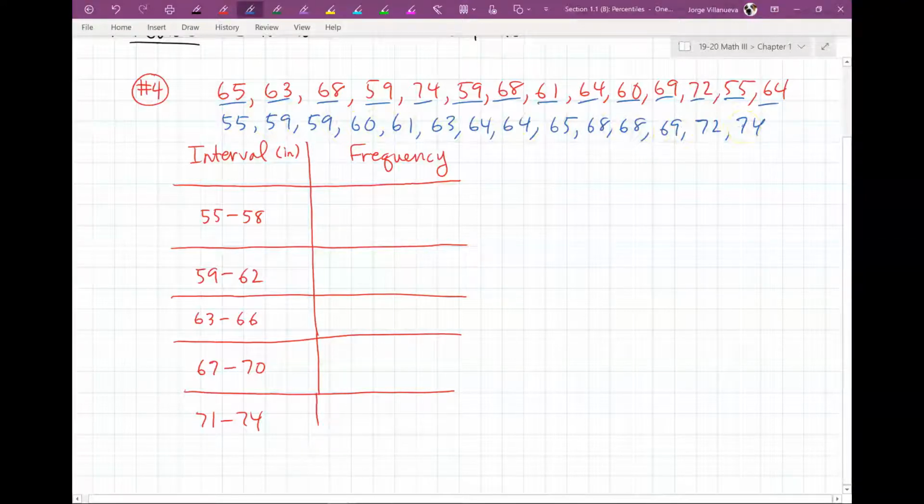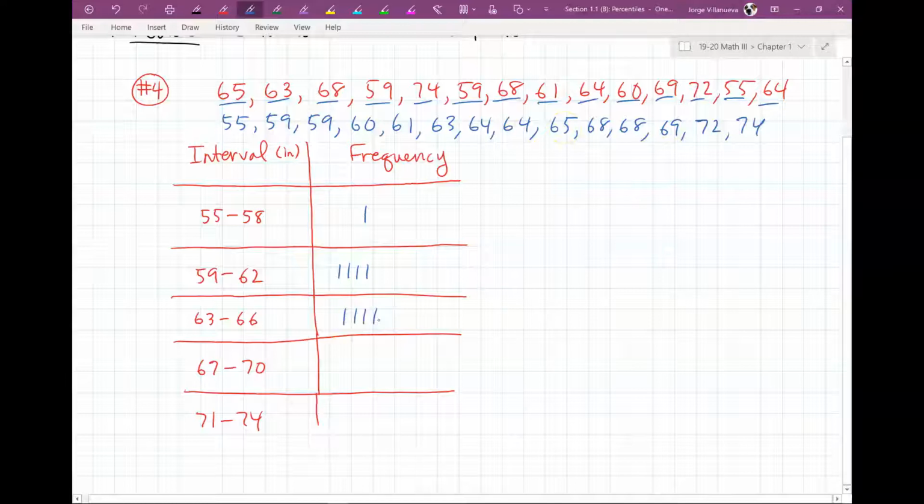So how many numbers are from 55 to 58? So there's only one. I'm just going to tally mark, okay? So just 55. How many numbers from 59 to 62? 4. 4 of them. How many numbers from 63 to 66? Also 4.